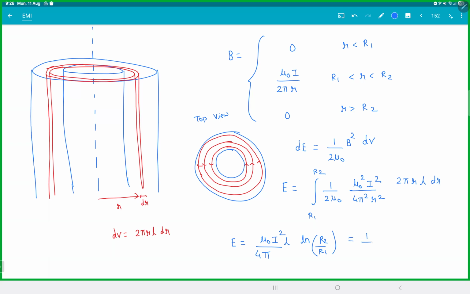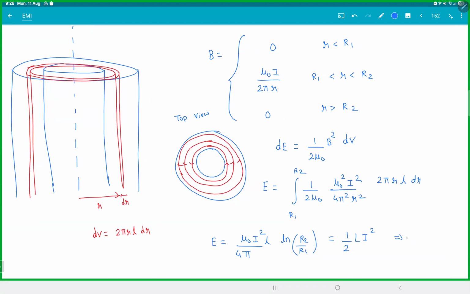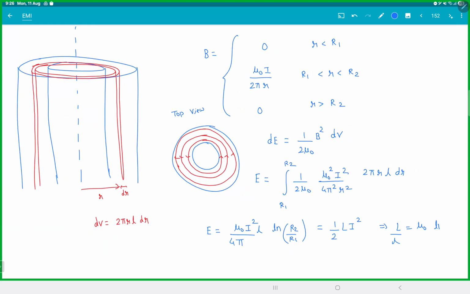Done. Once you get energy, what is the energy of an inductance? Half L I square, isn't it? That's it. So from here you get the L value. L will be mu naught by 4 pi times... mu naught by 2 pi ln R2 by R1 per unit length.